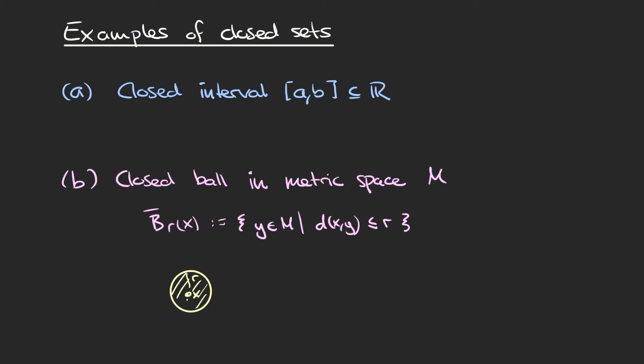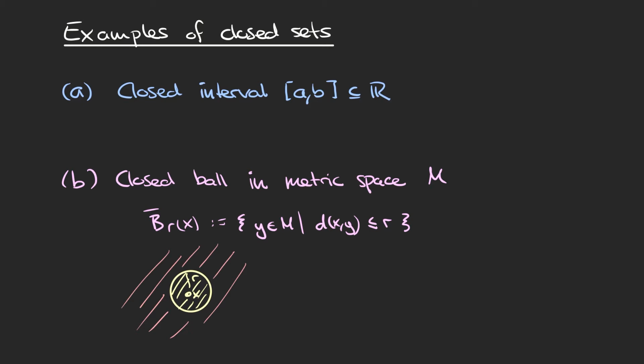So that's this yellow shaded region, and it includes the boundary around the circle because we have the less than or equals. Now to determine if this set is closed in the metric space M, we need to consider its complement, which is everything that lies outside of it. If this complement is open, then the yellow set would be closed.